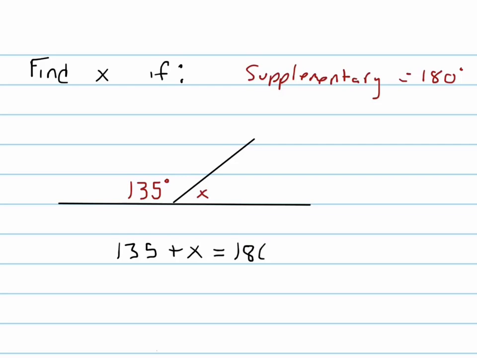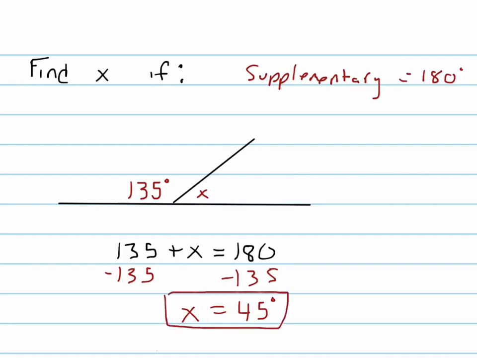I know it seems like a lot of work, but this is where we're going. So minus 135, minus 135, because pretty soon we're going to be doing that. So x equals 45 degrees. Looks about right. Alright? The angle, I mean. The answer is right. So x is 45 degrees.